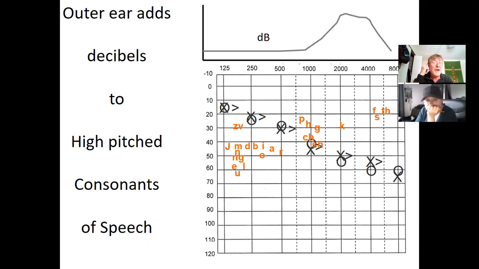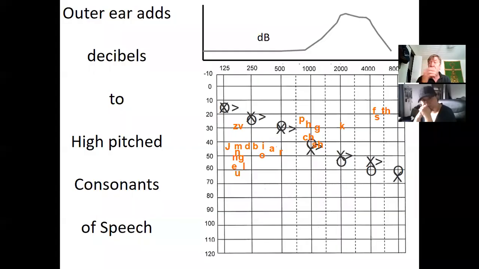So your ear was made, whether you believe in creation or whether you believe in evolution, your ear is made to match for speech. If we didn't talk, our ears would look like dog or cat's ears.